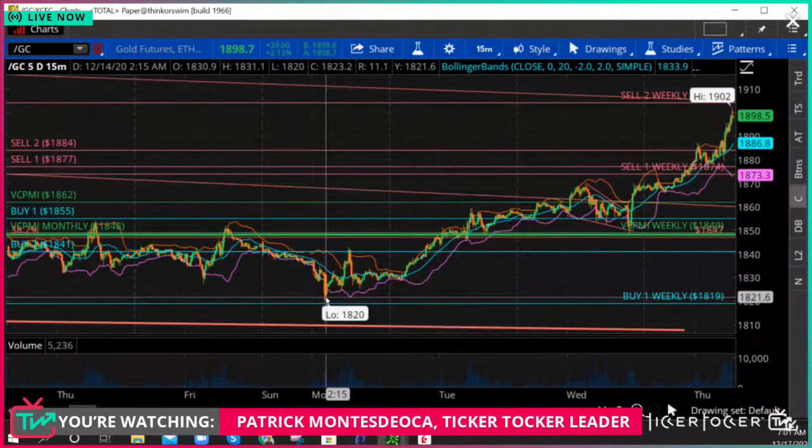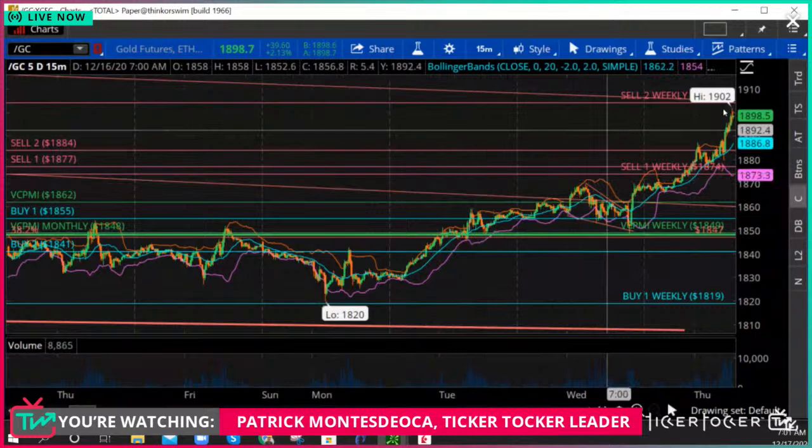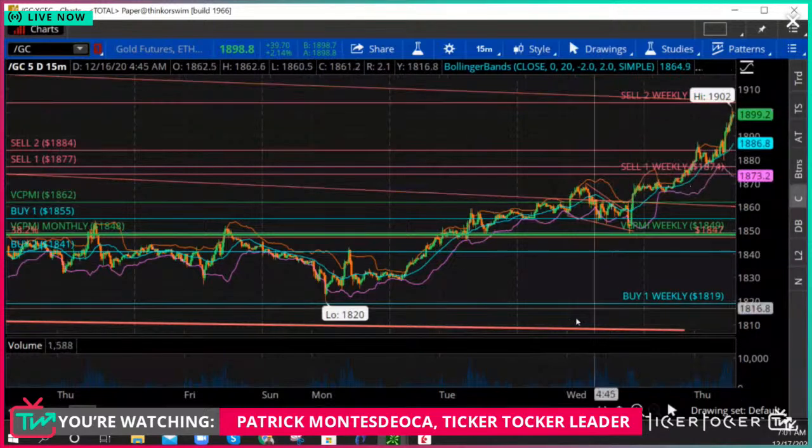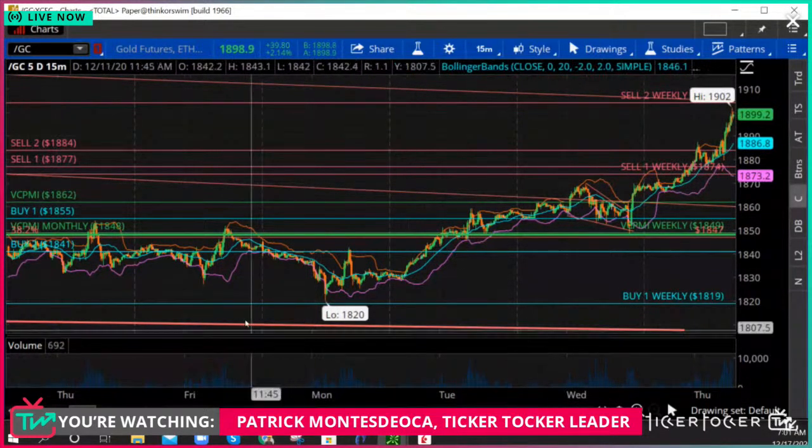Today, December 17th, the market is trading at a high of 1902. So this is what you call volatility.